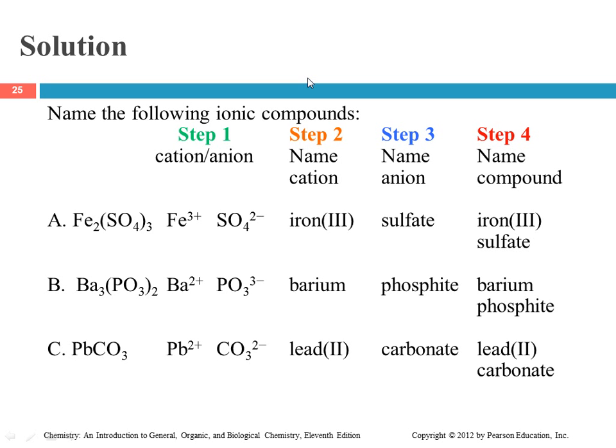Then we look at the parenthesis right here, which tells us we have a polyatomic ion. If this one was on your list, you would go find it, and it's phosphite. So the name is barium phosphite. We don't use Greek prefixes, we don't use Roman numerals, we just name the metal and we name the polyatomic ion.